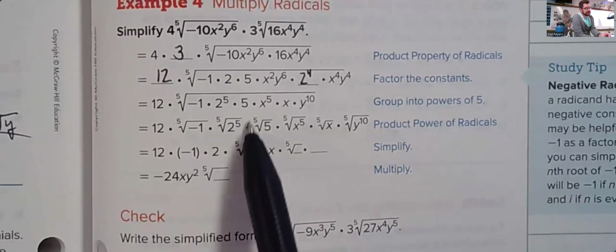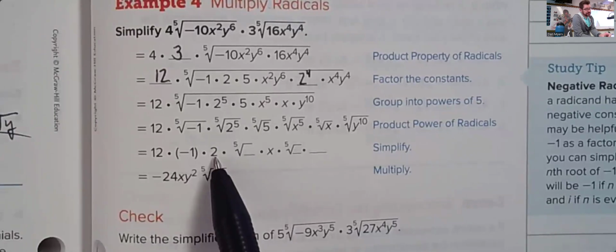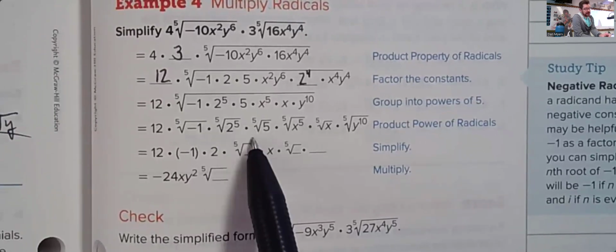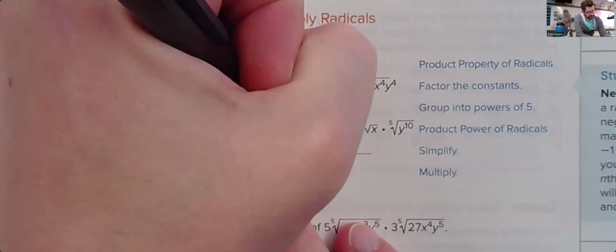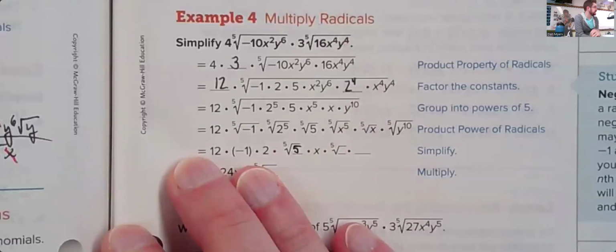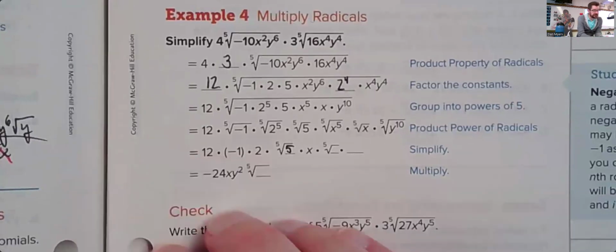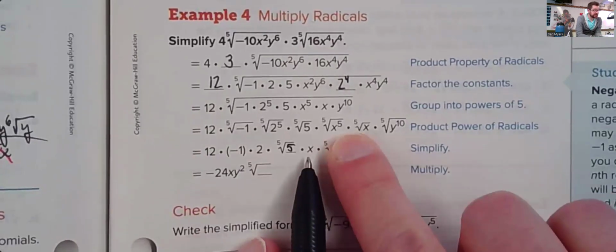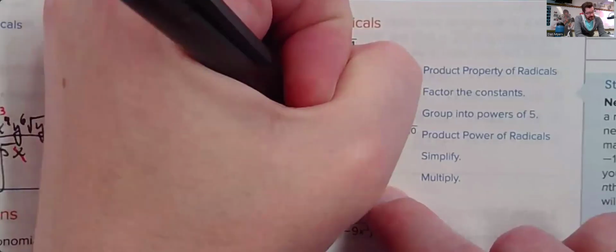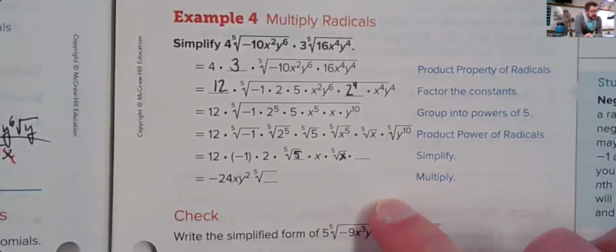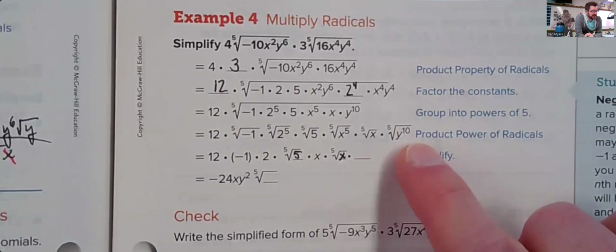The 5th root of 2 to the 5th power is 2. The fifth root of 5 is the fifth root of 5. So that doesn't change. The fifth root of x to the fifth power is x. The fifth root of x is just the fifth root of x, so that doesn't change. And then what's the fifth root of y to the 10th?